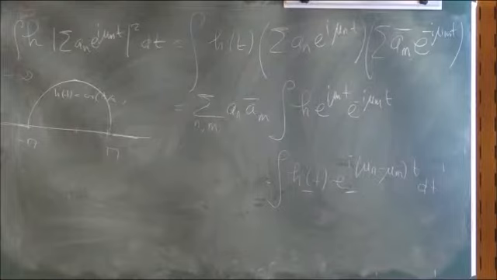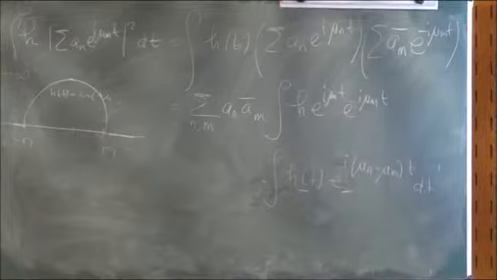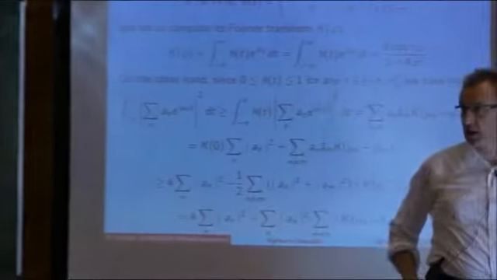You are making measurements in a finite time interval, and in order to manipulate that finite integral, you are allowed to introduce a weight. But this weight, of course, has to have compact support to be able to relate the integral in the bounded domain with the integral over the whole real line.